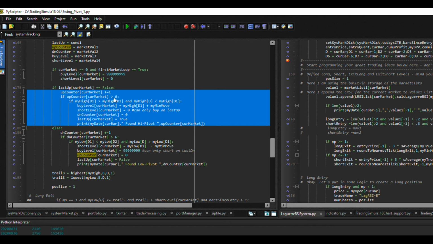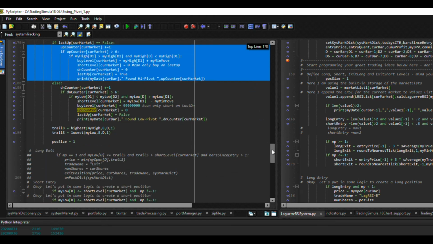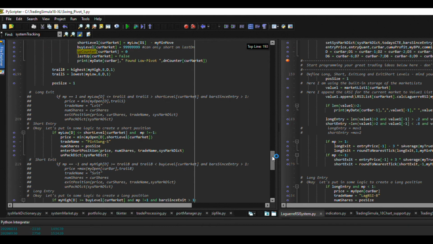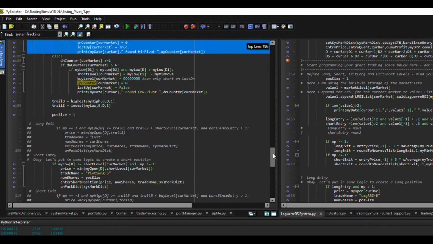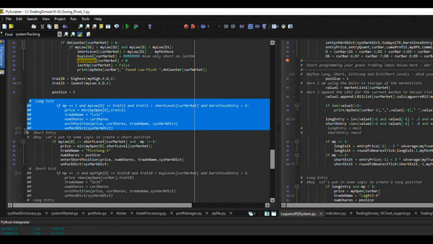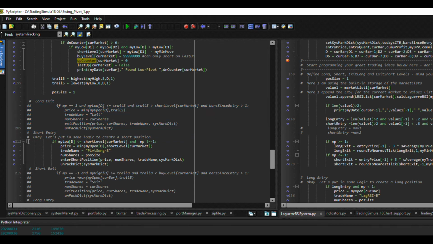All the while this is occurring, once you set those buy levels and short levels up to appropriate or real prices, Trading Simula also looks at them to make sure a trade occurs or doesn't occur. So right here, and I've got the trailing stop mechanism commented out, but here is the entry to get short.